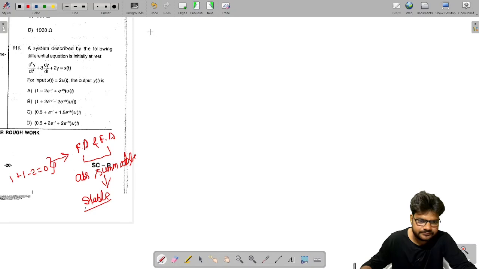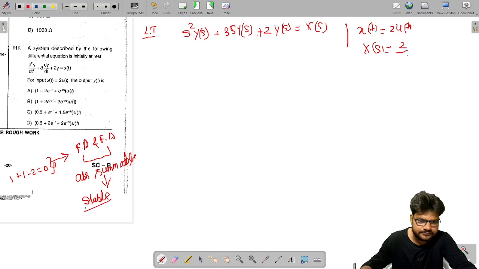So directly let's apply the Laplace transform, and if we want to write it, this is going to be s square Y(s) plus 3s Y(s) plus 2 Y(s), and this is going to be sX(s). And x(t) we are given as 2u(t), and in Laplace transform X(s) will be 2 by s.